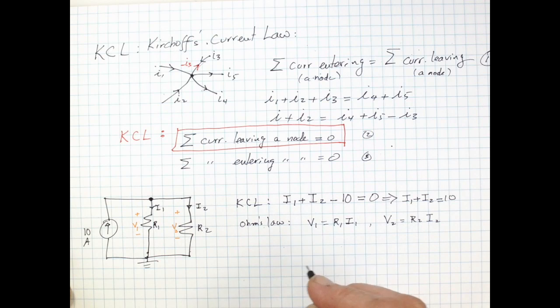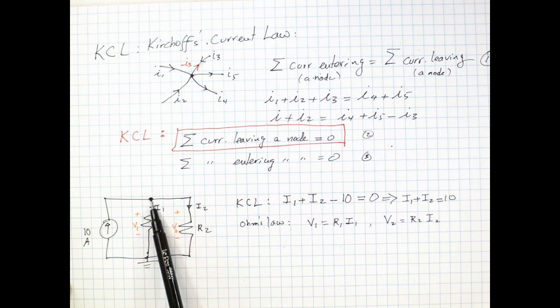I'm going to define that later on, but let me just state it: when we say two components are in parallel with each other, we mean basically that at both ends they share a node. So these two are in parallel because on top they share a node, and on the bottom they share a node.